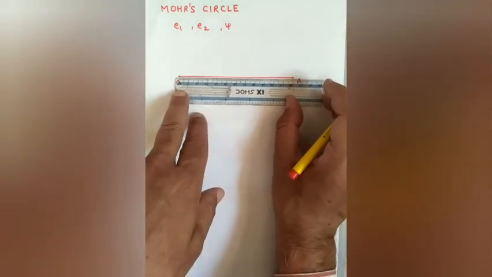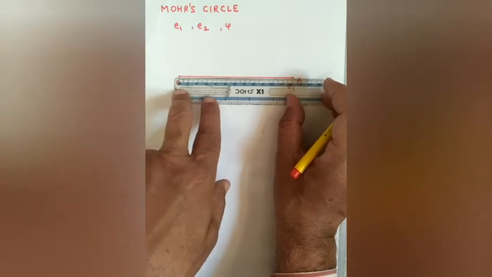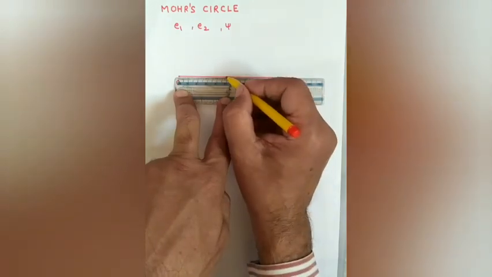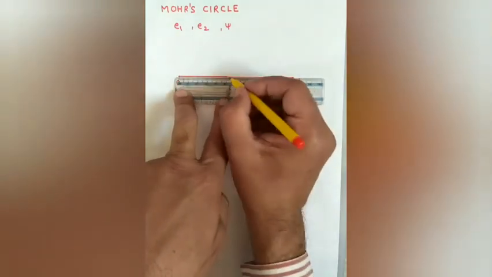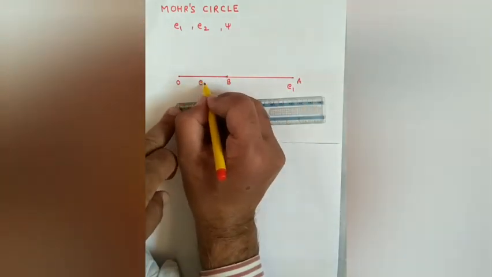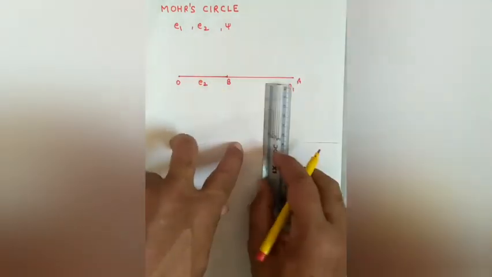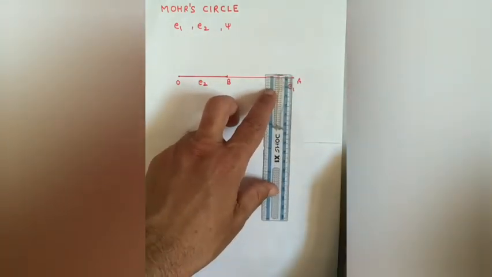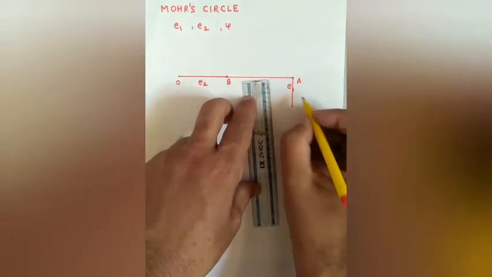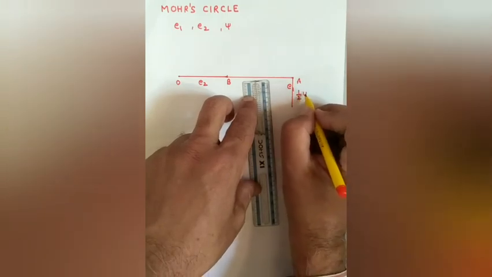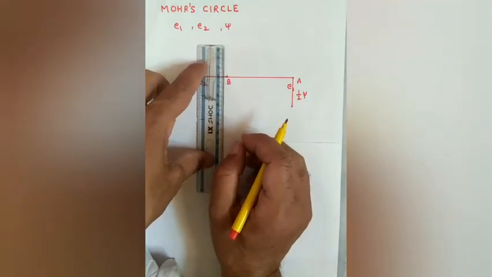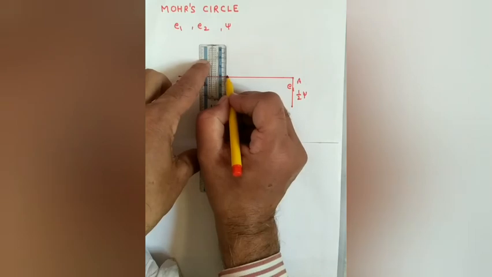Then from point O we will draw another line equal to the magnitude of E2. So point B is such that OB is E2. At point A, for positive strain, we will draw 1 by 2 psi downward, and from point B we will draw 1 by 2 psi upward.